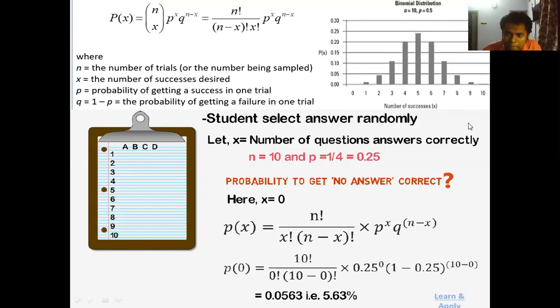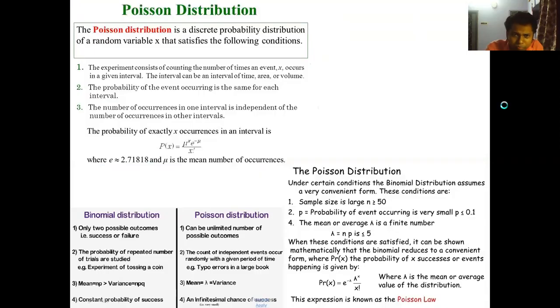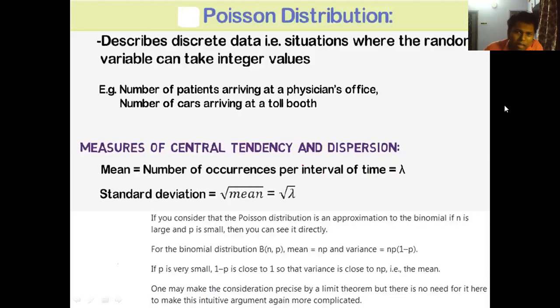It will be less because the probability for all these outcomes will be quite small as your n is very high. If n is very high and your p is very small, then you can neglect p. Your p is almost zero.